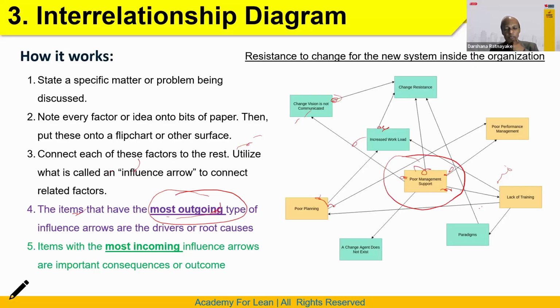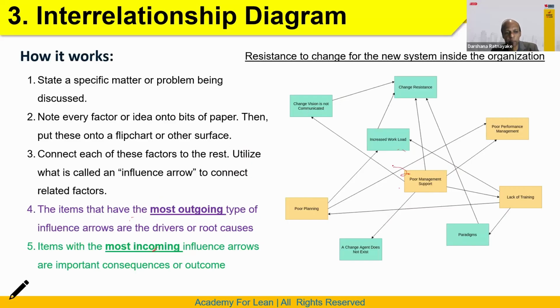That means this idea influenced this problem more. So if we take some action on this one, then we can reduce the problem. That is one. And number 5, the item with the most incoming influence. Previously we discussed the outgoing ones.